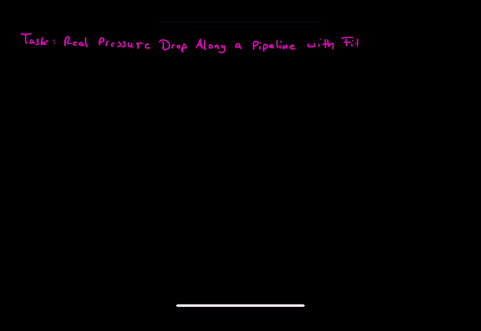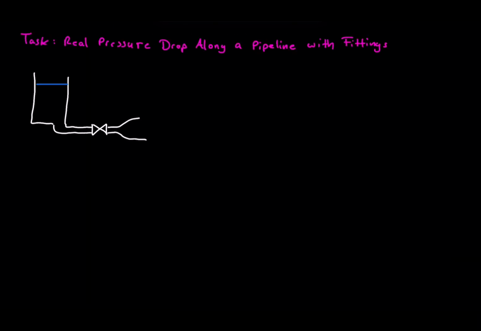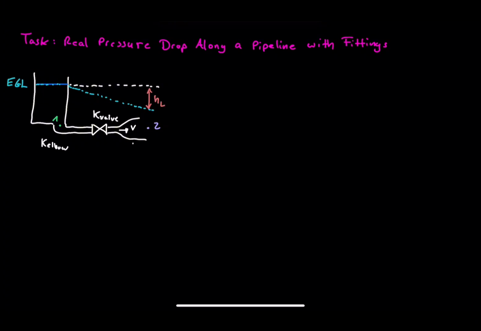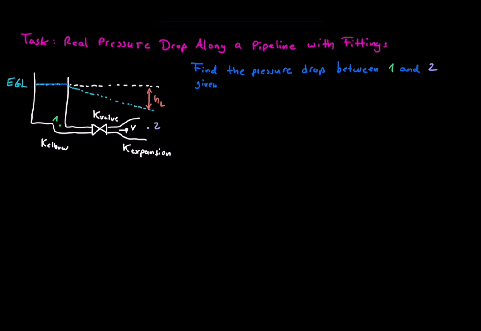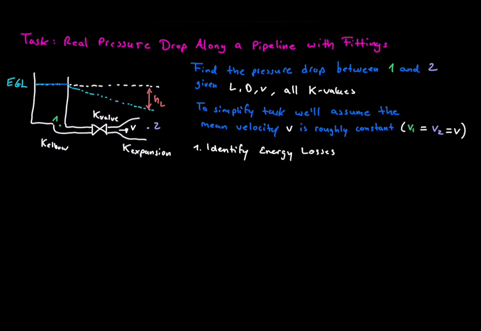The hydraulic grade line always sits one velocity head below the energy grade line. Now, let's apply it to a practical example, a horizontal pipeline with fittings. We have a steady flow through a pipe of length L and diameter D, with one elbow, one valve, and one sudden expansion. To simplify analysis, we'll assume the mean velocity is roughly constant. Velocity 1 equals velocity 2 equals V. Why is that okay?